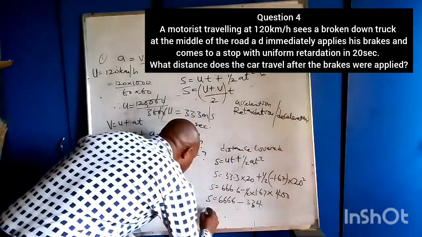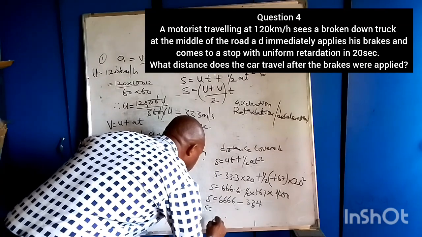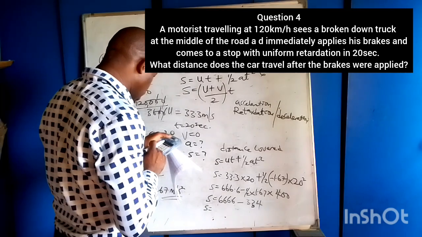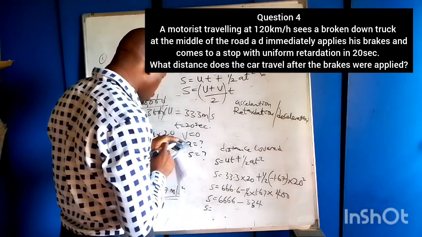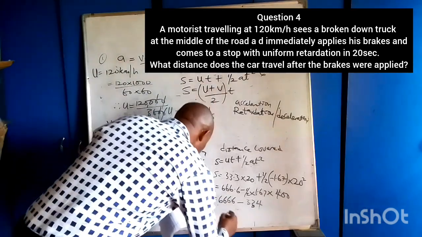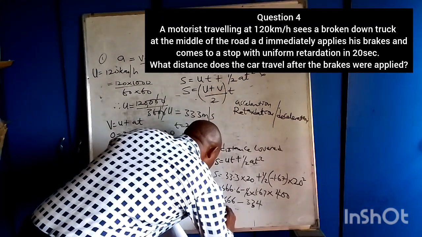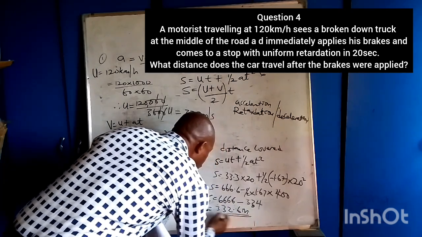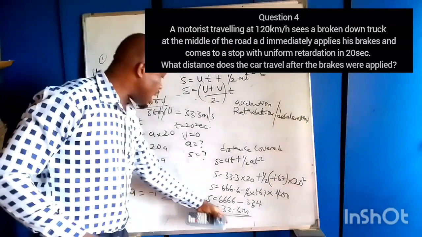So S is equal to 666.6 minus 334, which will give us 332.6 meters. And of course, this is the final answer.